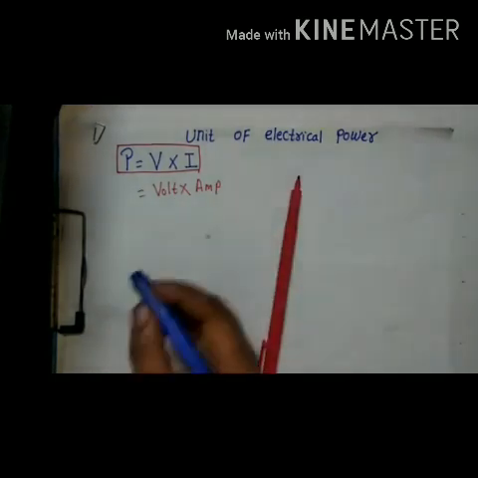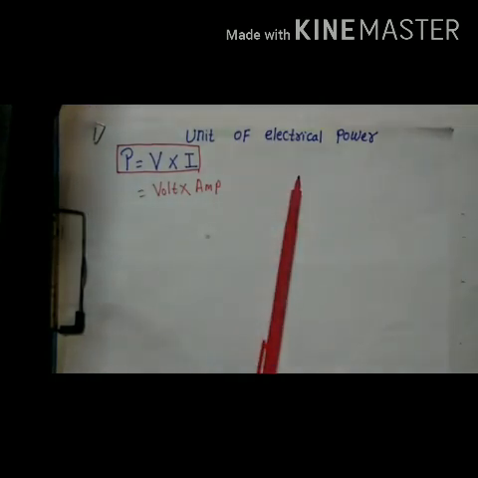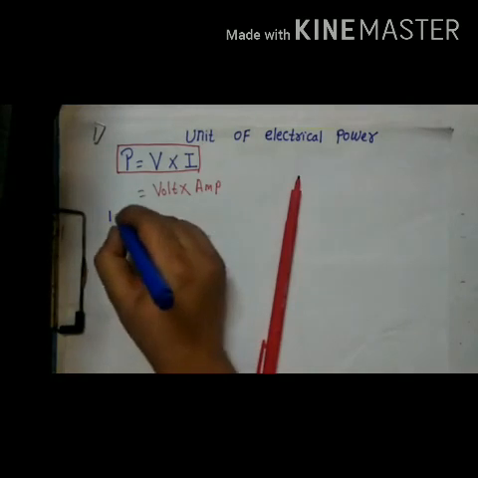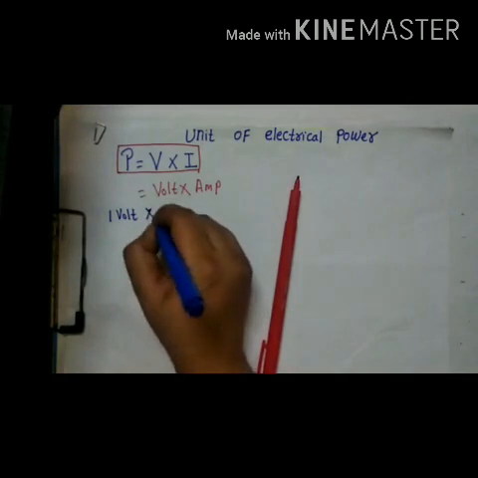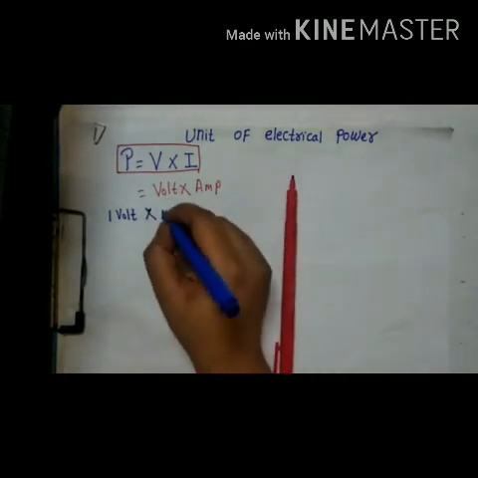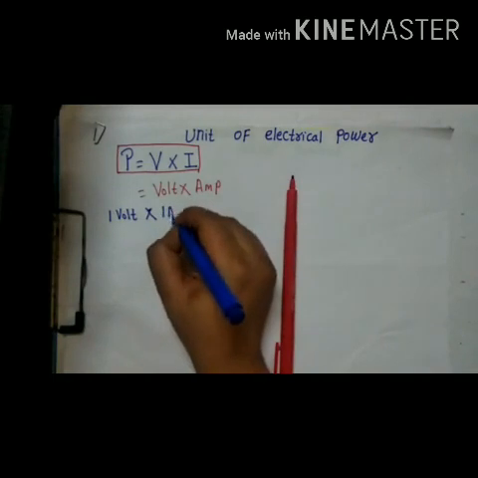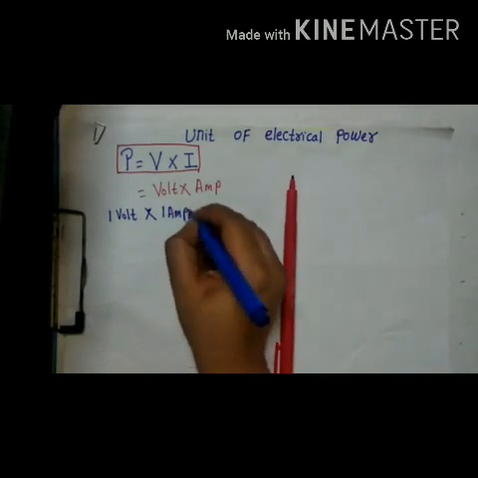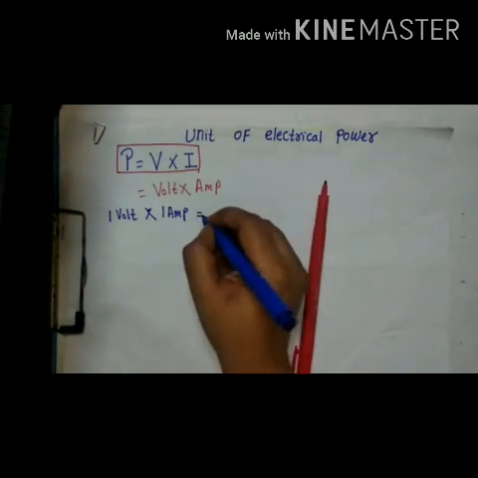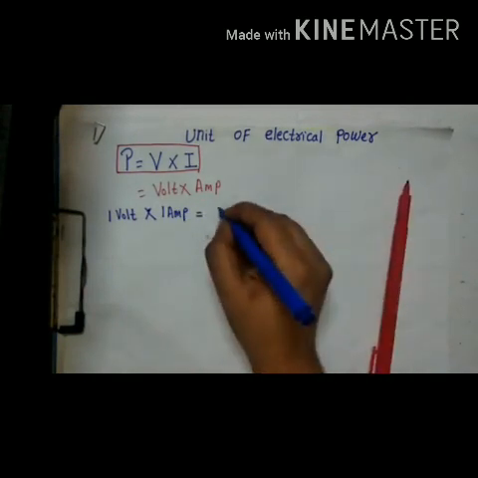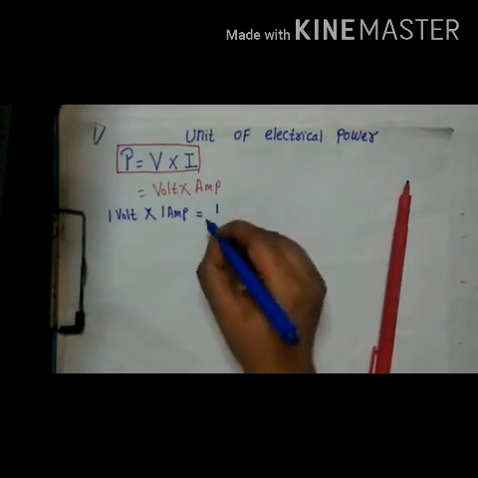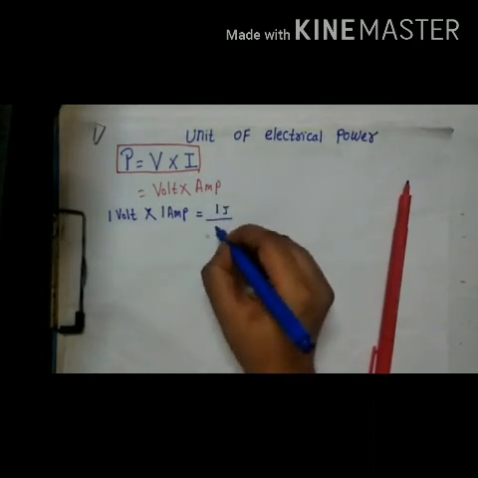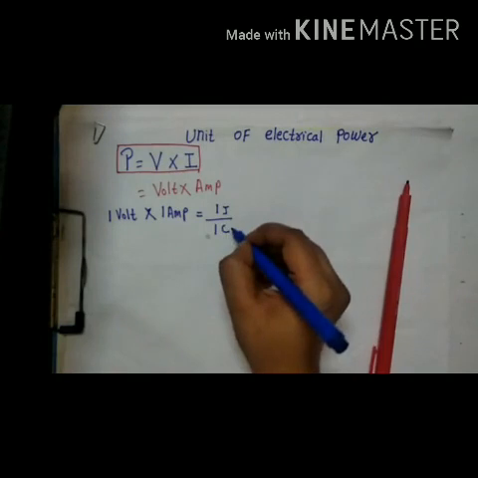So students, we can say that when 1 volt potential difference is applied through a circuit to measure 1 ampere current, 1 volt means 1 joule upon 1 coulomb.